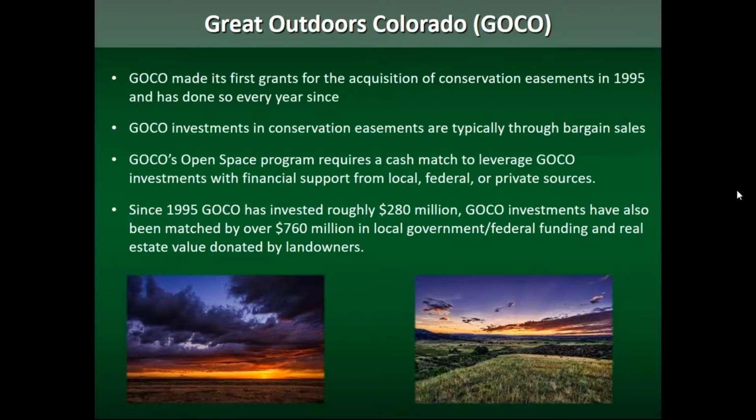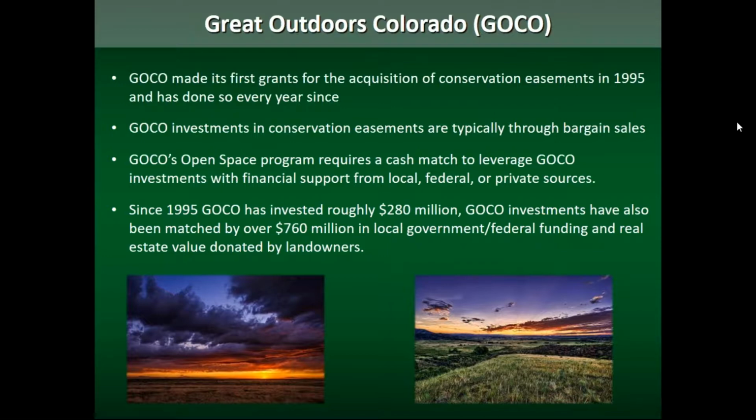Great Outdoors Colorado, or GOCO, Trust started in 1995 and has been quite active ever since. Its investments in conservation easements are through what are called bargain sales. A bargain sale is a tool that we use where a farmer or rancher will sell their easement at somewhat less than its value.